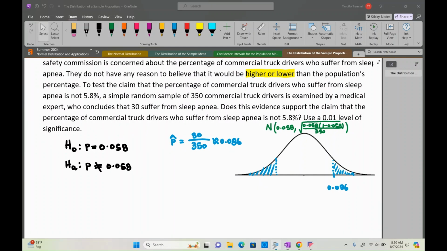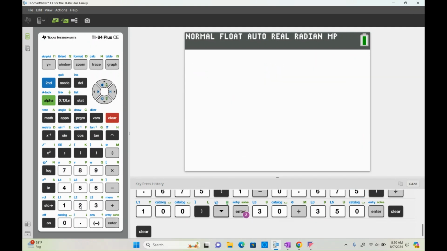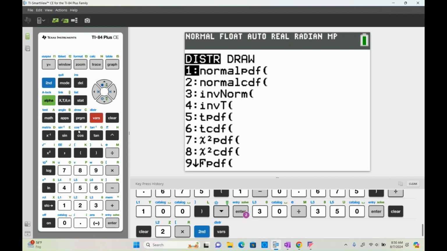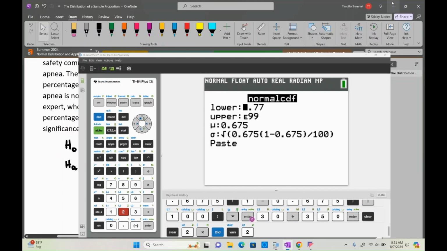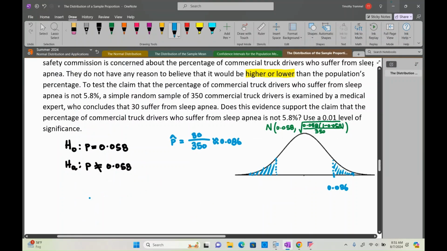So maybe in my calculator right now, maybe I'll just put 2 times, and I'll hit second, vars, and hit number 2 for normal CDF. And let's go and start writing in some of this stuff that we need here for a p-value, and then we can go plug all that stuff into the calculator. So our lower bound here is 0.